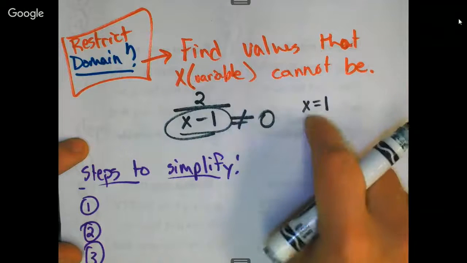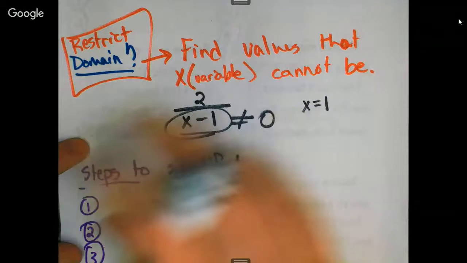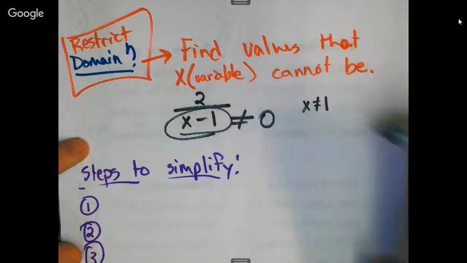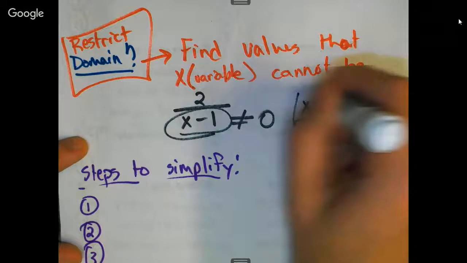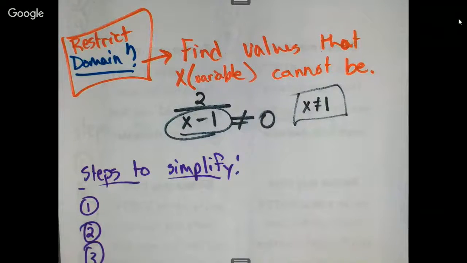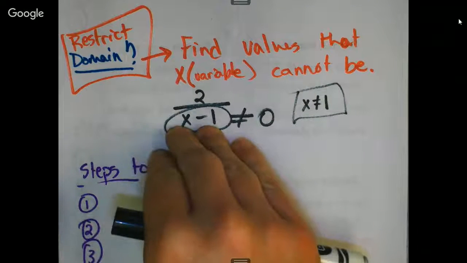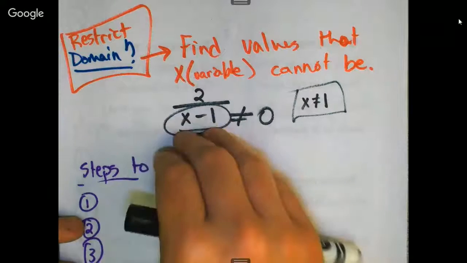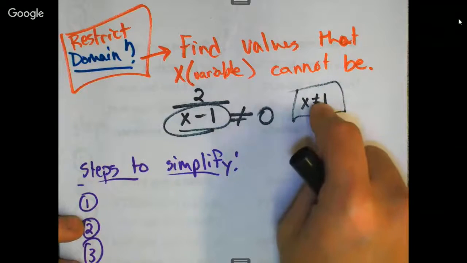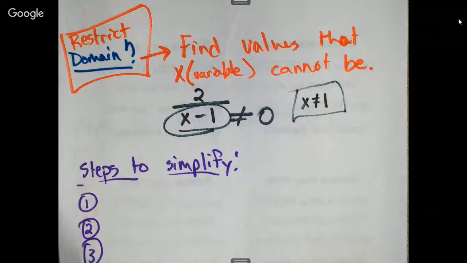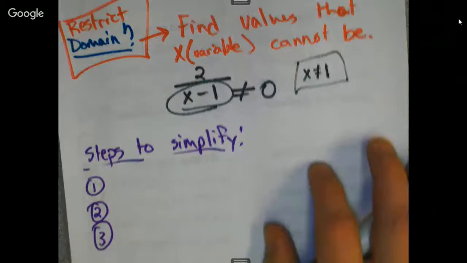If x was 1, I'd get 0 on the bottom, which I cannot have. So we'd say x cannot be 1, and I have now restricted my domain on x. And that's all it is. You're looking at the denominator, finding out what x cannot be, and simply stating that. You'll see that in most of our steps here.